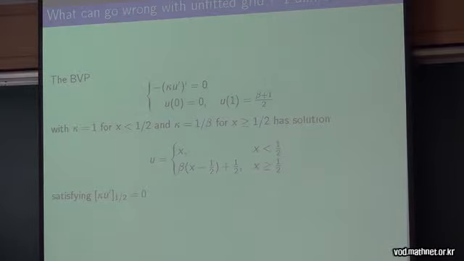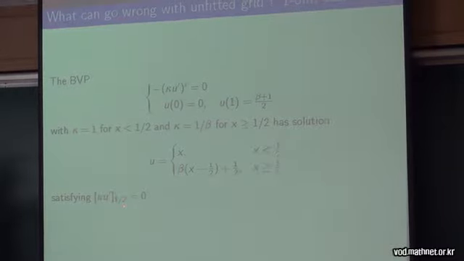Let's see a one-dimensional example. It's just a simple one-dimensional example with a certain boundary condition. Then for this case, we have an exact solution. Okay, kappa is 1 on half of the interval and 1 over beta for the other half. Then with this, we have an exact solution. This exact solution is continuous and satisfies the normal flux condition at the midpoint.